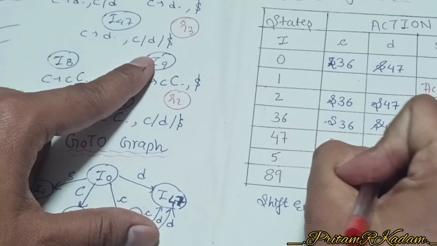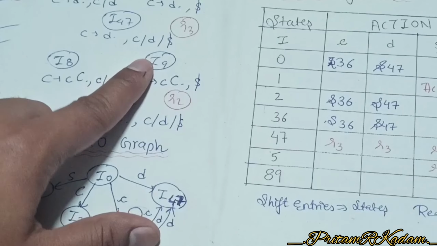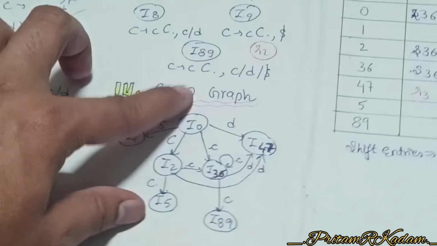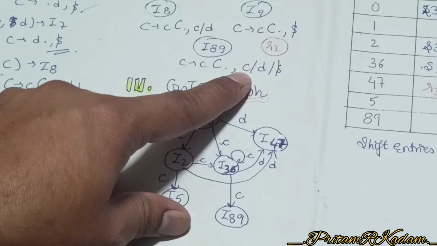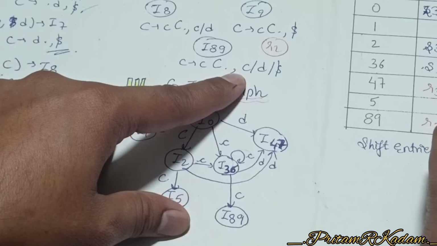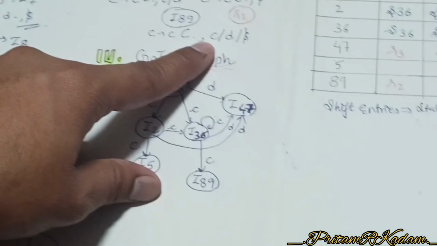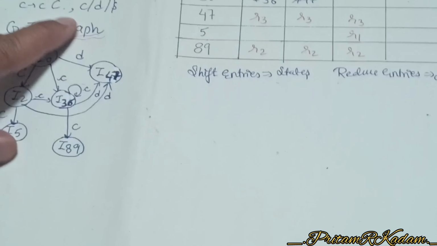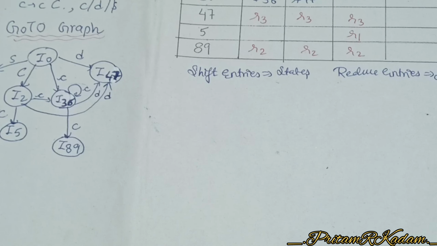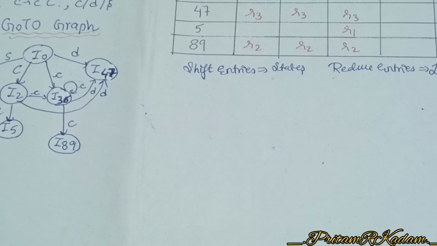So R3 R3 R3. Now for the I89 state, we'll write it under all the terminals, that is R2, in each cell of action of I89 state.